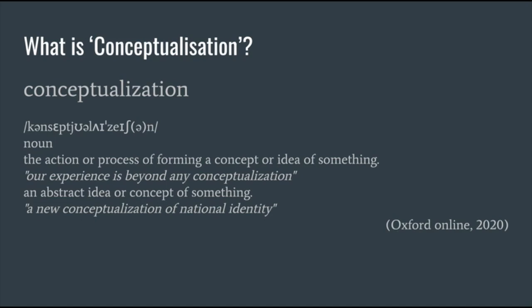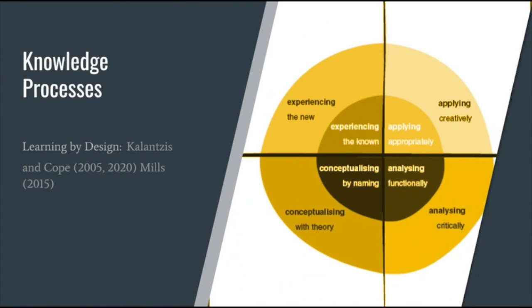And it's with their ideas that we move into the culmination of this session, where we look at a final model from their learning by design ideas, and that focuses on their knowledge processes. As you can see, this is a radial model, and the first place we're going to start is in the top left, experiencing the known, which involves drawing on familiar life world experiences, their prior knowledge, community background, personal interests, and cultural resources of learners.